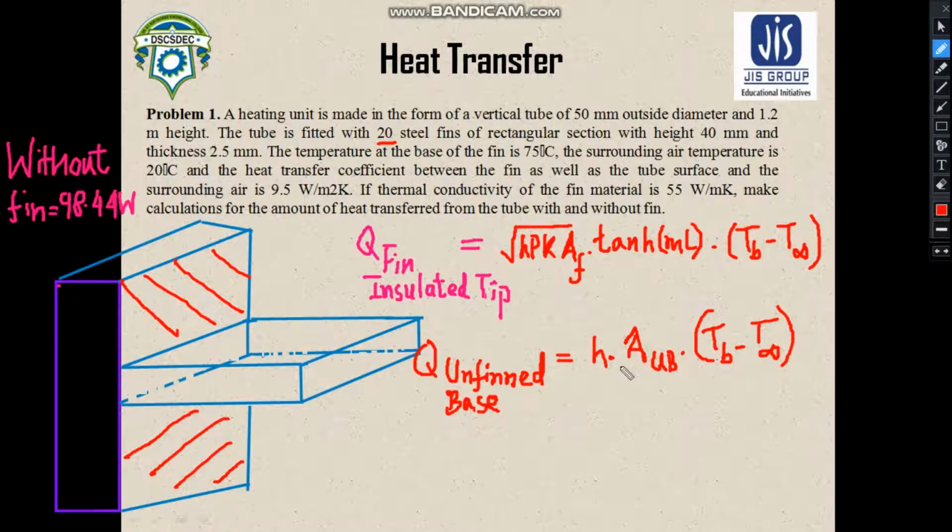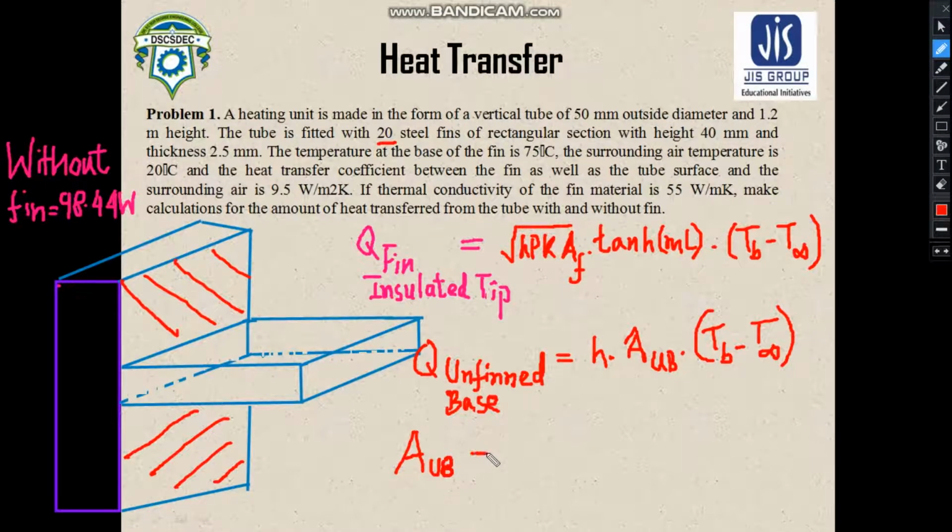Now, we know this h and it is 9.5. We know T_b, it is 75 degrees Celsius. We know T infinity, which is 20 degrees Celsius. Now the question comes, how do you calculate this unfinned area? This is very simple geometry. You just need to understand the total area of the base.